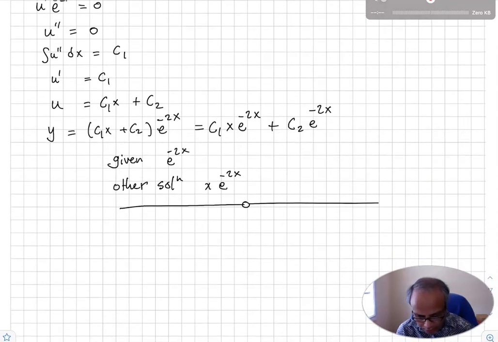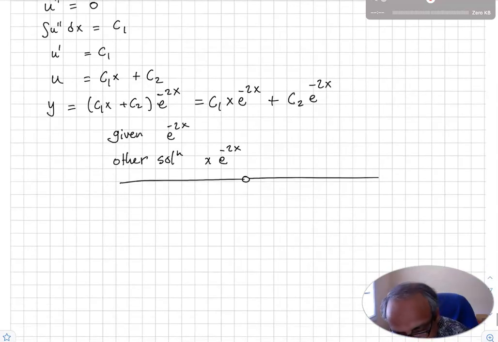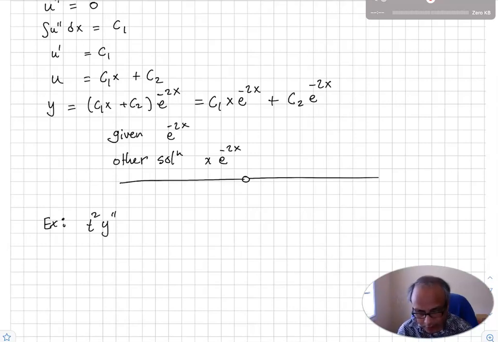Okay, so next example, t square y double prime and 6y equals 0.